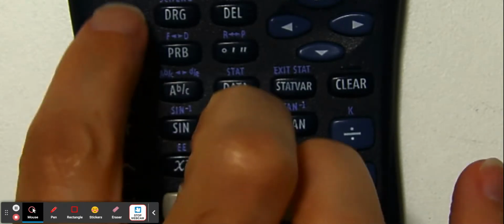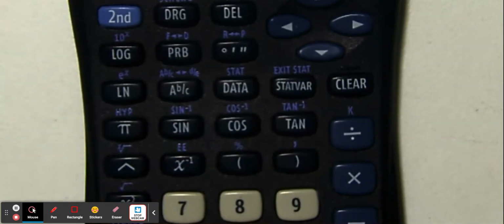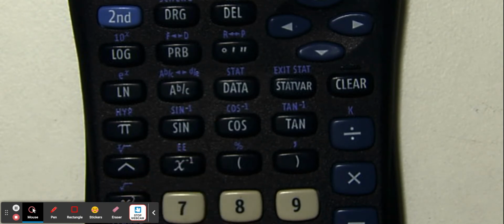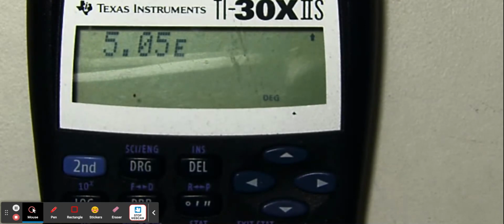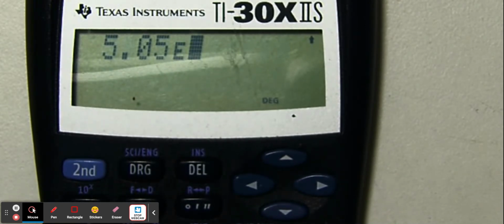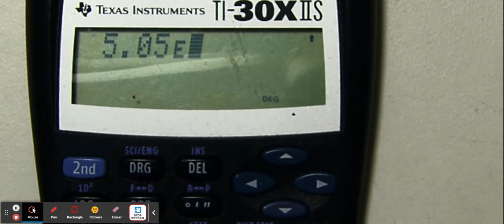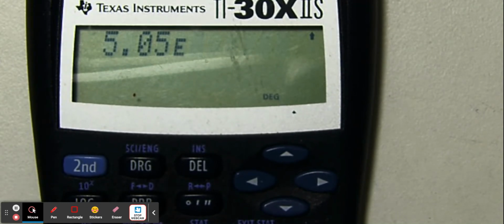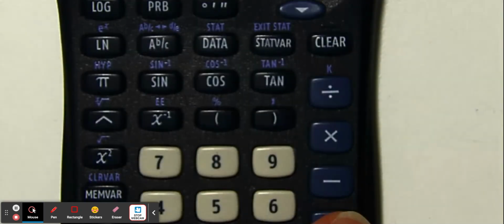And now I'm going to hit the second function, and then the EE button right here. And then I have my E. That's my times 10. And then let's say the exponent is a negative number. So let's say it's a negative 23.